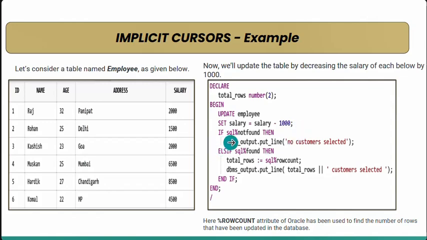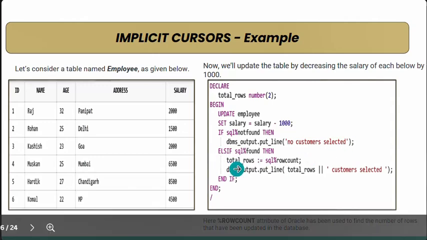If SQL%NOTFOUND, we are using the not found attribute, then no customer is selected. Else we count the total number of rows we are updating. The DBMS_OUTPUT line prints the number of customers selected. This is the flow of this example.